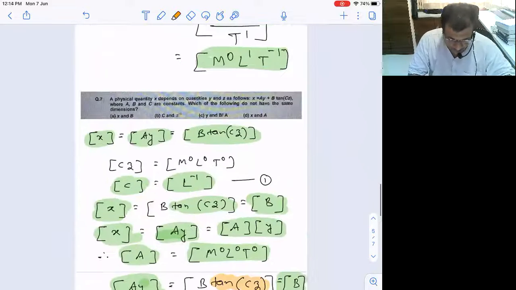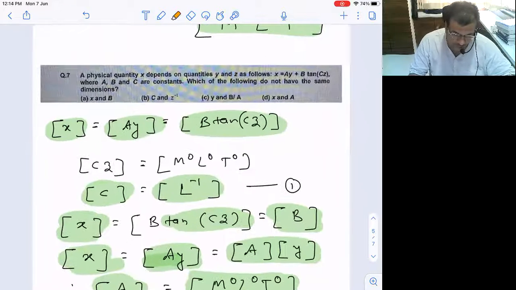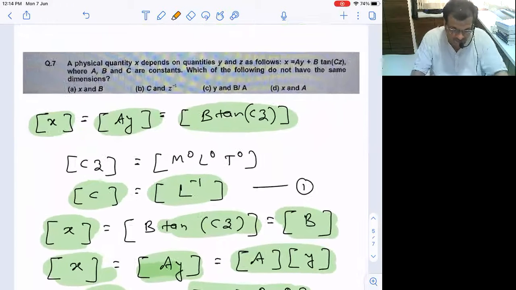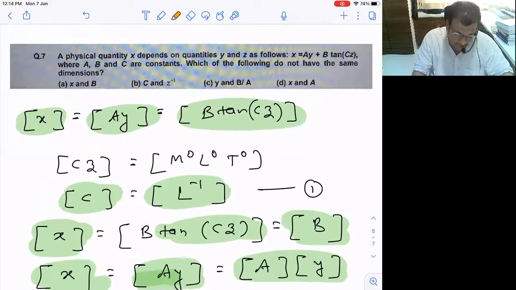Now see what is asked in the question: which of the following do not have the same dimensions? x and b.